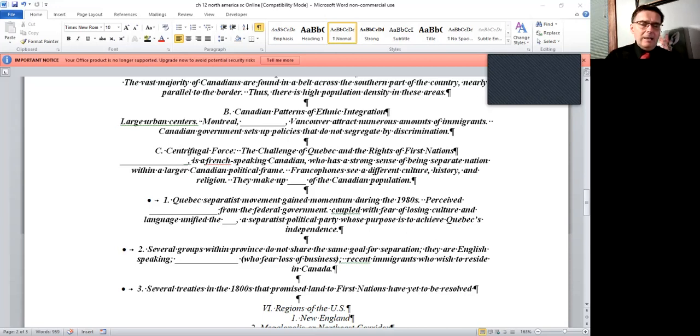And I play a game with my introduction to geography class, where if you look at the map of Canada and take Quebec out of Canada, there's a gaping hole between the Atlantic provinces and the rest of the country, right? And I'm going to get into this too in a minute.